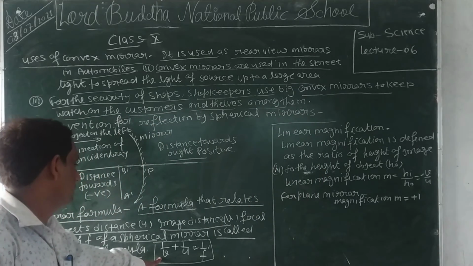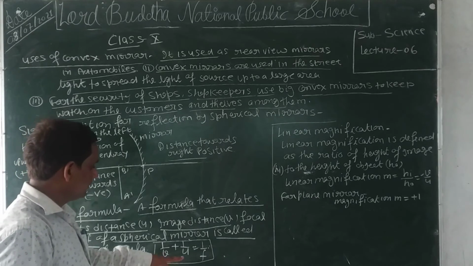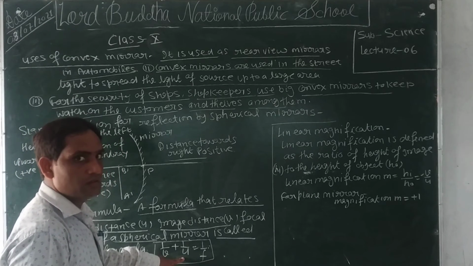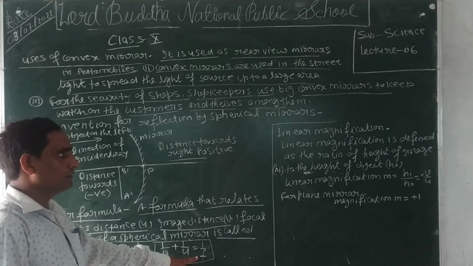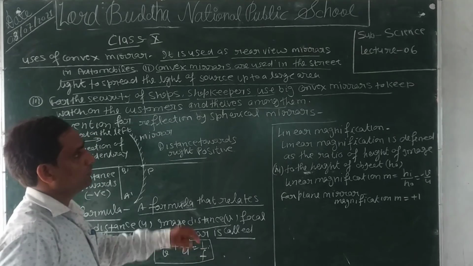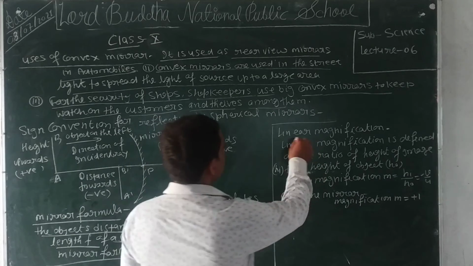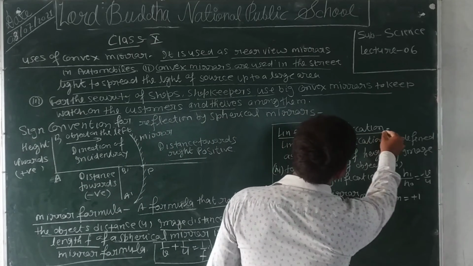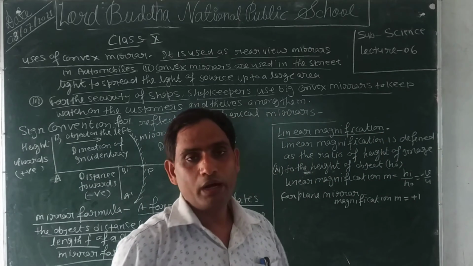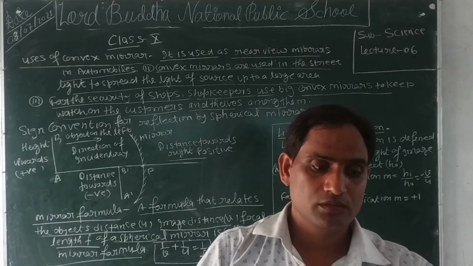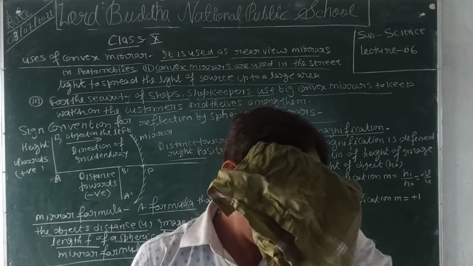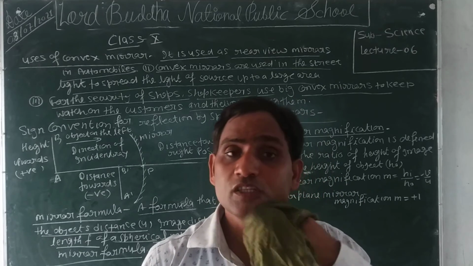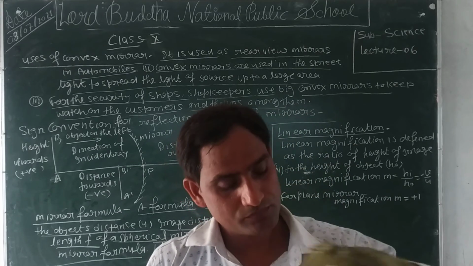v is the image distance, u is the object distance, and f is the focal length of the spherical mirror. Clear? Now, we see linear magnification. What is linear magnification? Linear magnification is the ability to magnify the size of the image of the spherical mirror.